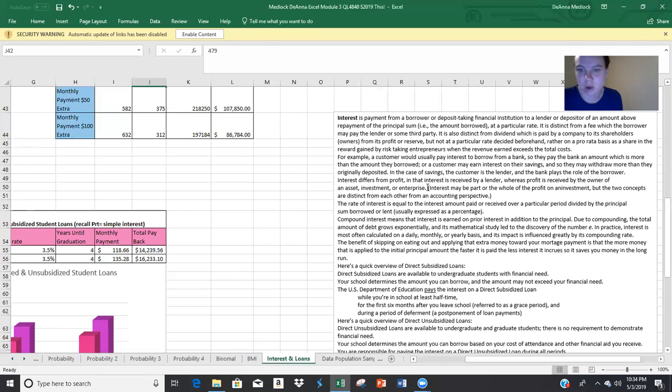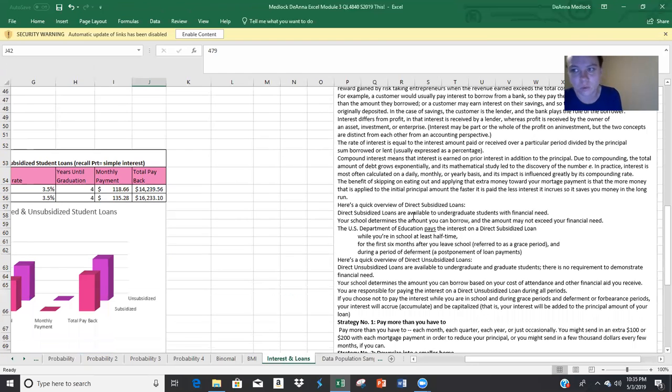Interest differs from profit, in that interest is received by a lender, whereas profit is received by the owner of an asset, investment, or enterprise. So interest may be part or the whole of the profit on an investment, but the two concepts are distinct from each other from an accounting perspective. So when you are signing paperwork, always read the fine print.